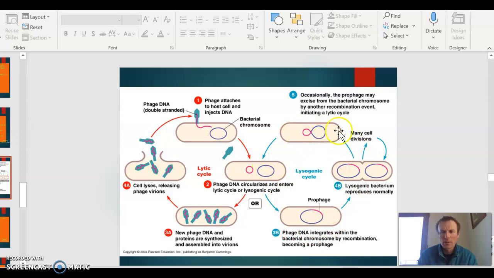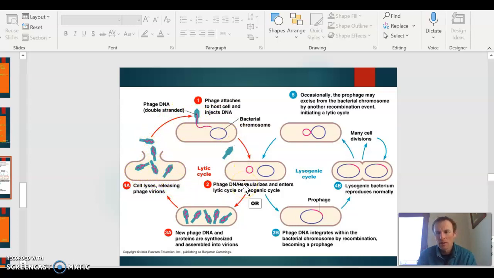So you can have a virus in your body and not know it, and you might not have symptoms for many years, and then you might enter the lytic cycle, where for some reason the genes are activated and the virus is reproduced, and then ultimately the host cell explodes, releasing more viruses.